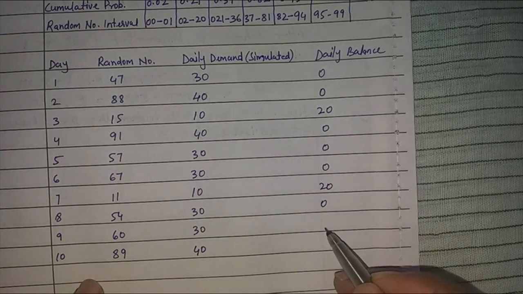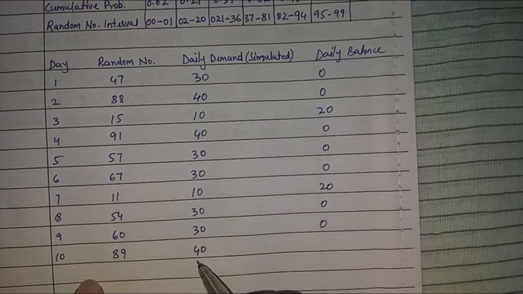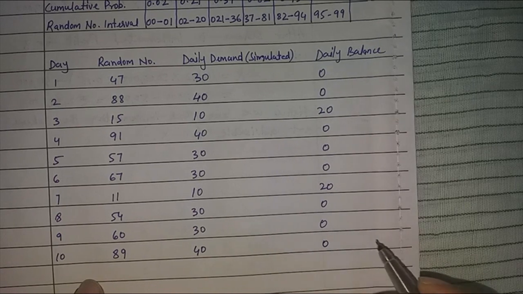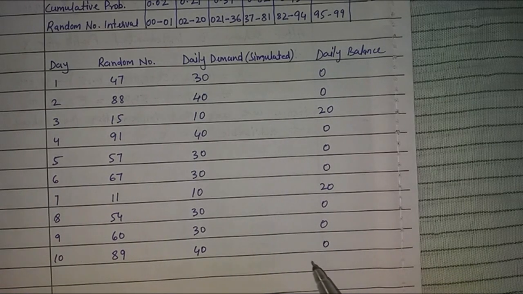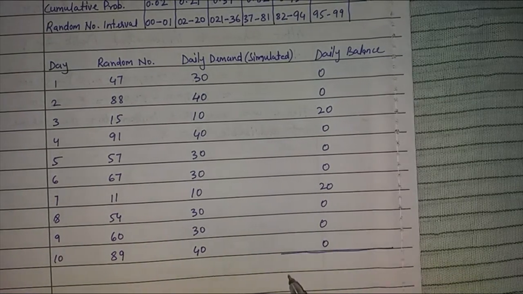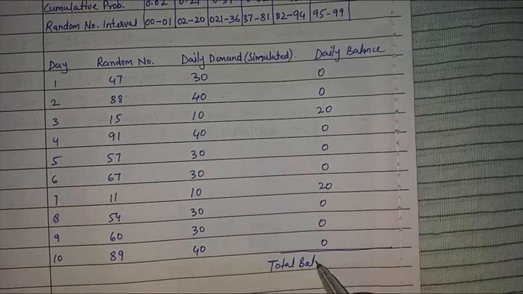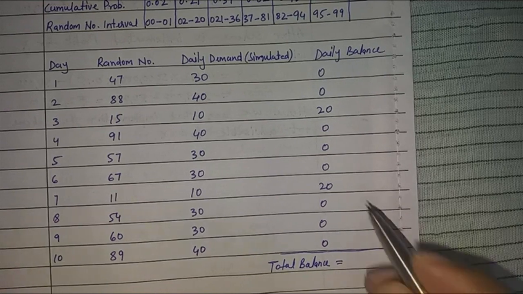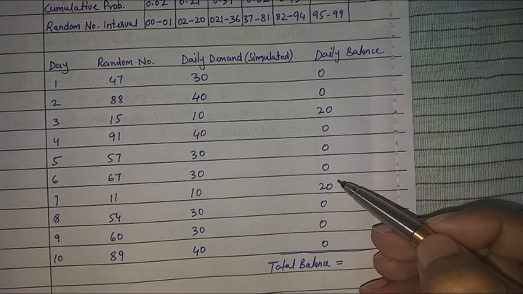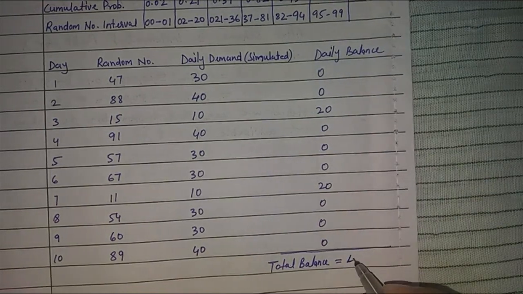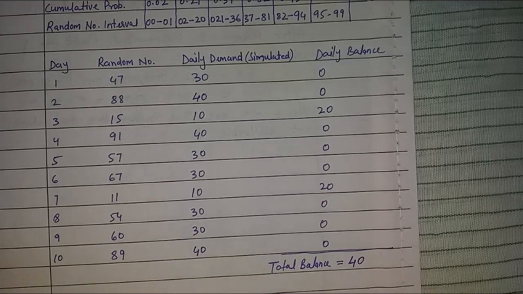Then 0 here, 0 here, and there is more demand here, so there is no balance. Now find out the total balance. We have only two balances here: 20 plus 20 gives me 40.